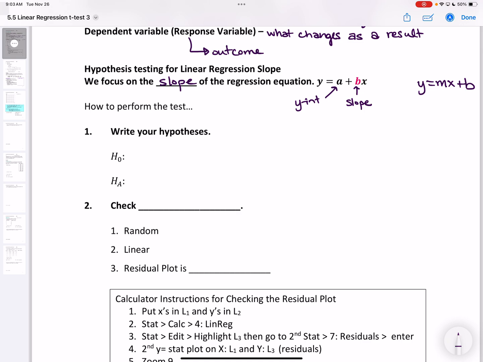So how do we perform the test? Well, first you write your hypotheses. The first one is always the same, okay, everybody? So that's kind of beautiful with this one. The null hypothesis is always that beta, so I use b for slope here. B is going to be my statistic, okay? So beta is your parameter of interest, which will be your population slope, okay?